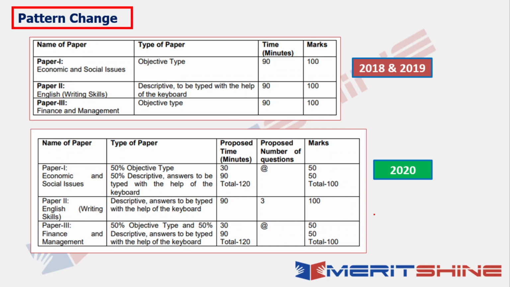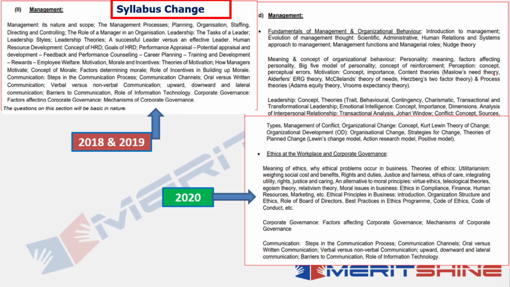But how did the syllabus change mirror itself in the management subsection? We'll look at only the management section in this. See this, just look at this. The management section syllabus in 2018-19 looked something like this. You can see the length and the width of this syllabus.